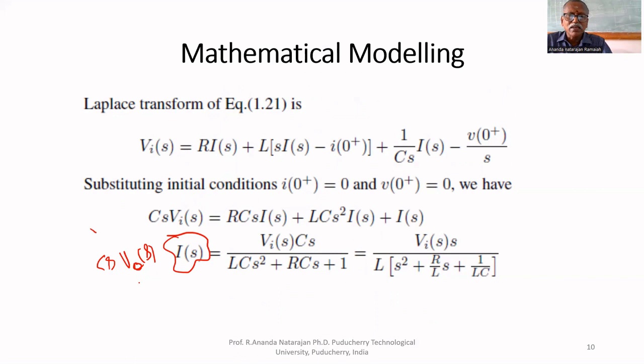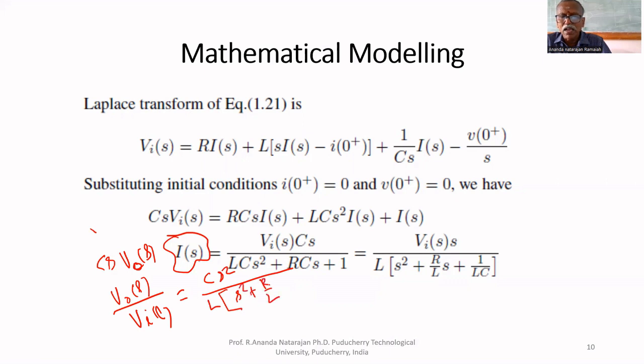So now we can find V naught of s upon V I of s equal to Cs square upon L times (S square plus R by L S plus 1 by LC).